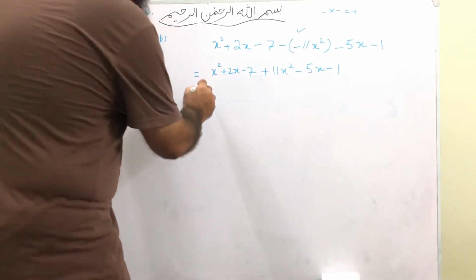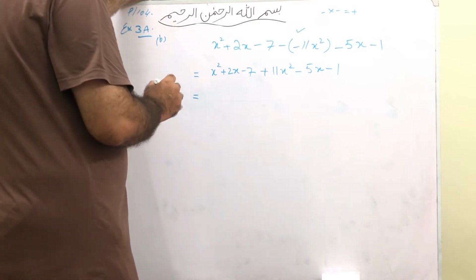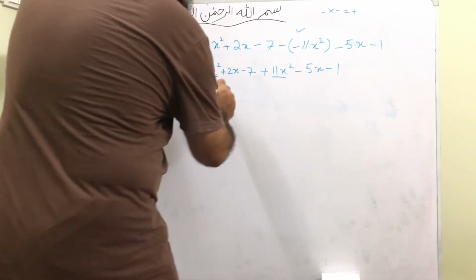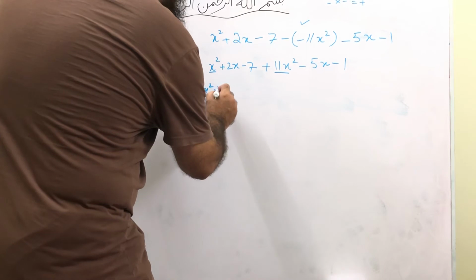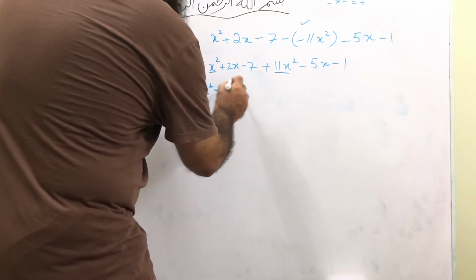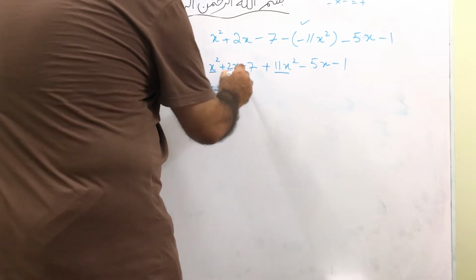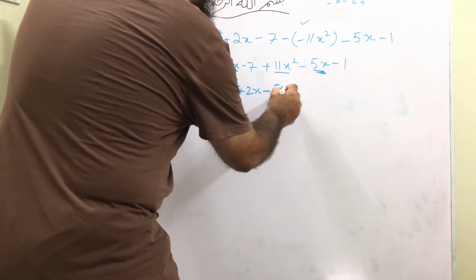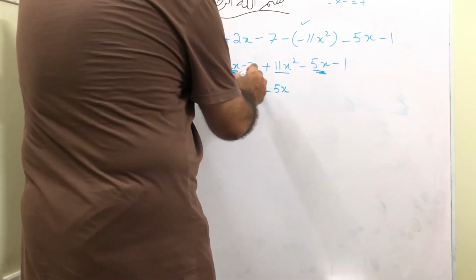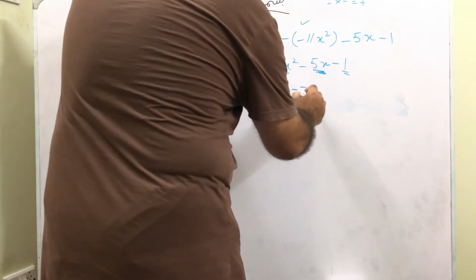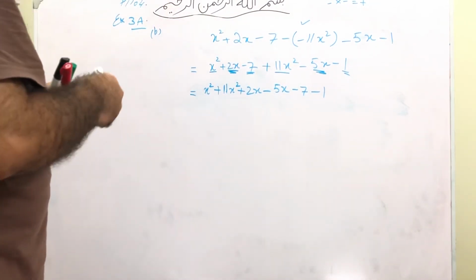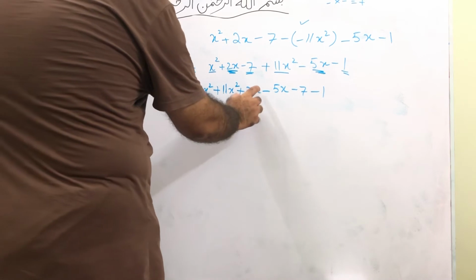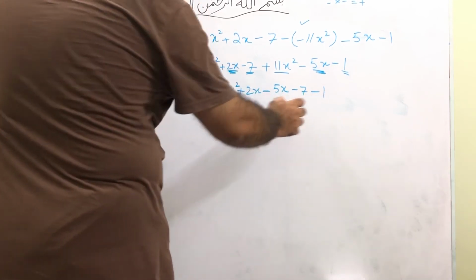Now we will bring the variables with the same powers together: x square plus 11x square, then 2x minus 5x, then without any variable, minus 7 minus 1. So we have brought together the variables with the same powers, square, square, this is power 1, and here x power 0, x power 0.